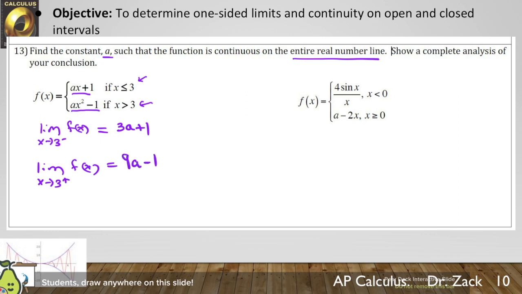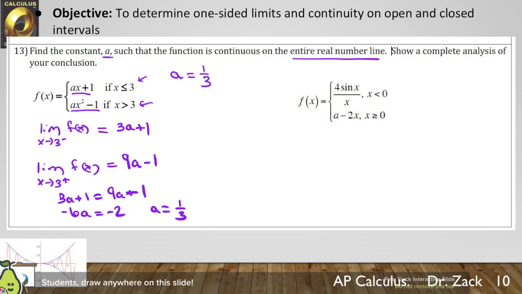Now, in order for these to be equal to each other, we're going to figure out when does 3a plus 1 equal 9a minus 1, and that will give us negative 6a equals negative 2, or a equals positive 1/3. So in order for f of x to be continuous, your a value must equal positive 1/3.